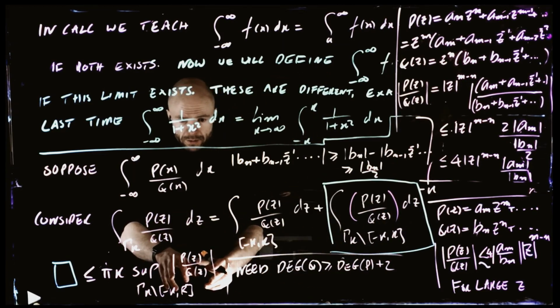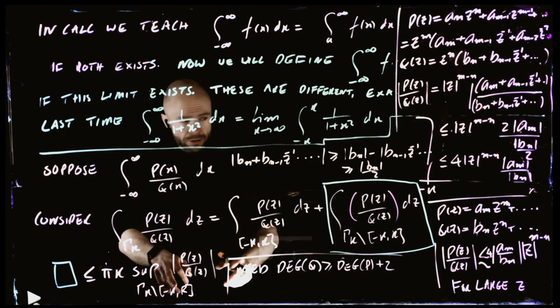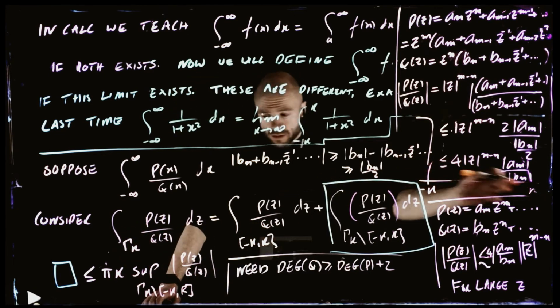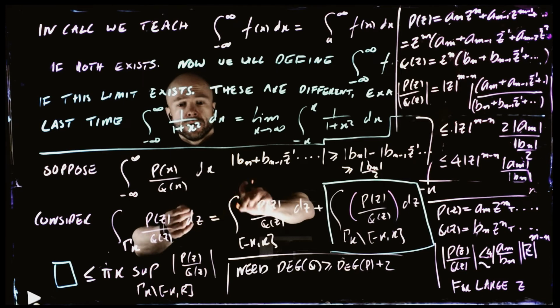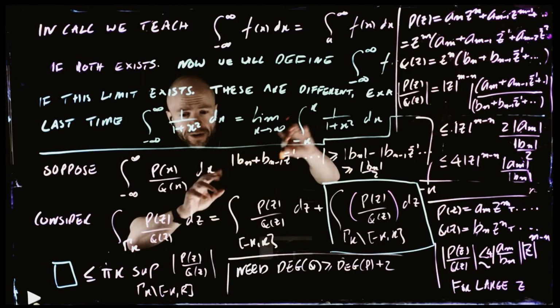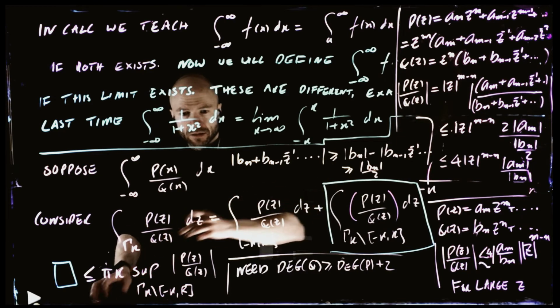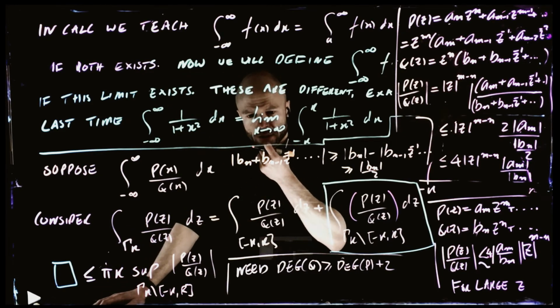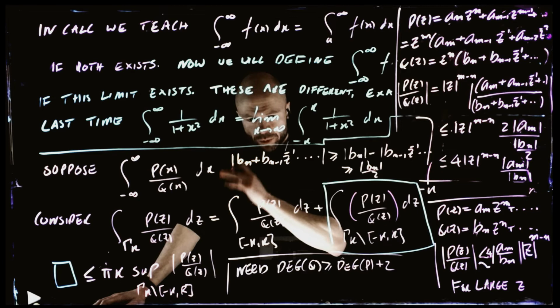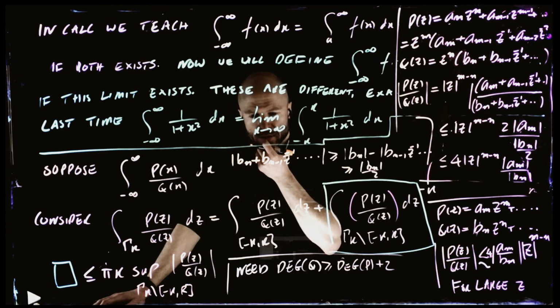Then we'll have some particular constant times mod z to some power which is at least minus 2, which will definitely kill the r. All right, so everything should be completely nailed down with certainty at this point. Are you with me?